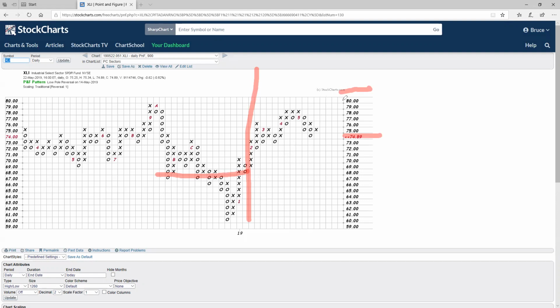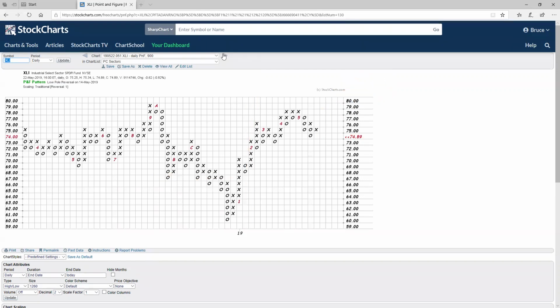And so there's a little bit higher to go, 75 to 82 potentially here, but there could be a larger count out there if we can get the industrials up and out of its range-bound condition.